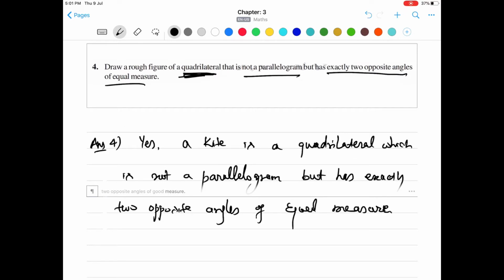Okay, so a kite is a quadrilateral which is not a parallelogram but it has 2 angles of equal measure.